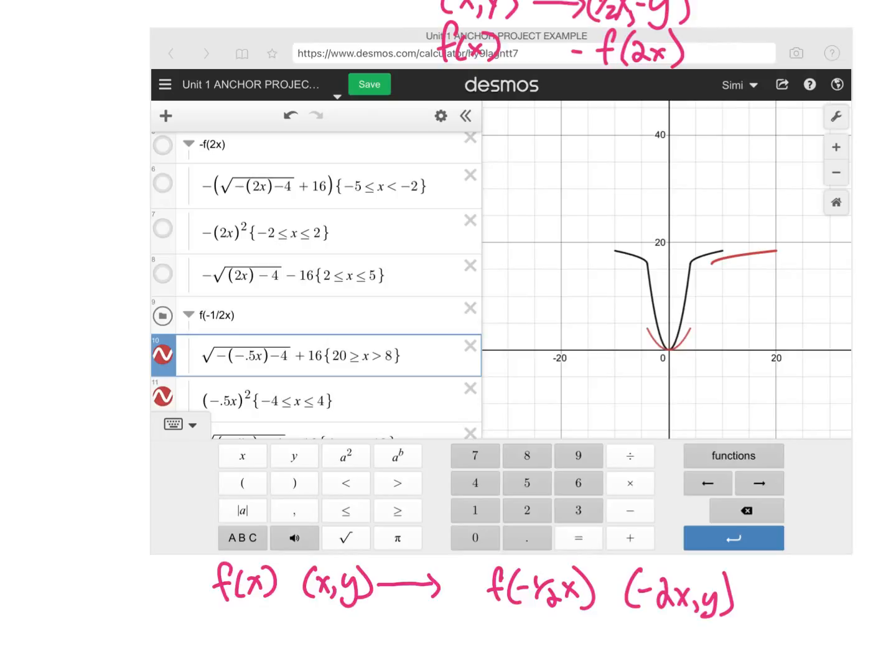That makes sense that it should be up there. I am flipping it horizontally, so that's not going to look very different. But I applied a horizontal stretch by 2, right? The opposite of what I see here. 1/2 means I need to find the reciprocal, or horizontal stretch by 2. All right, so that one looks like it's probably on the right track there.